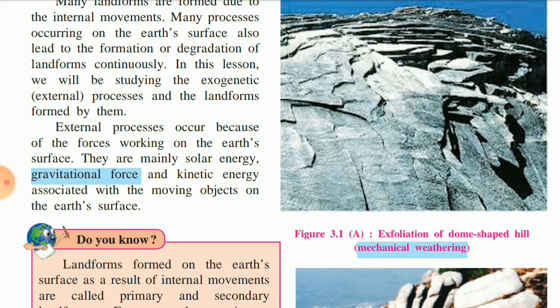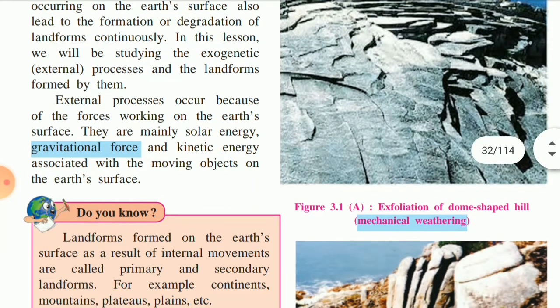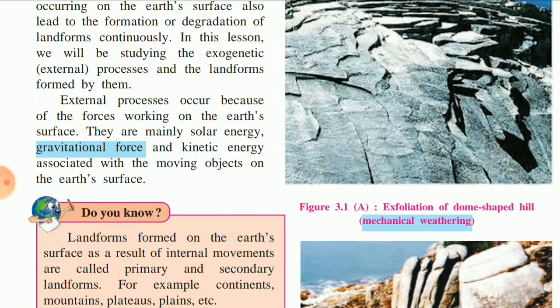These are mainly solar energy, gravitational force, and kinetic energy. These three energies play an important part. As we go further, dear student, you will know how solar energy, gravitational force, and kinetic energy work on this.